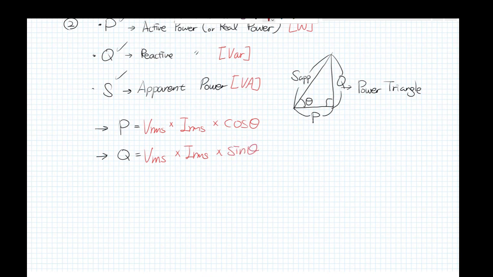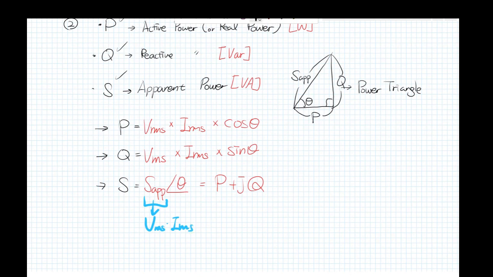Okay, and the last one is S, which has two forms. One form is the polar form, that was the amplitude S sub APP and theta, and also that was P plus JQ. Okay, and so S sub APP was V RMS multiply I sub RMS.